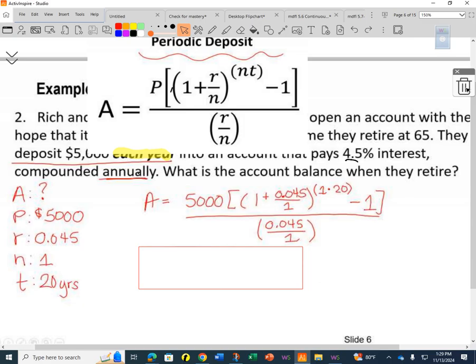All right, so 5,000 times 1 plus 0.045 to the exponent 20 minus 1, so it's equals. Okay, divide by 0.045, equals.